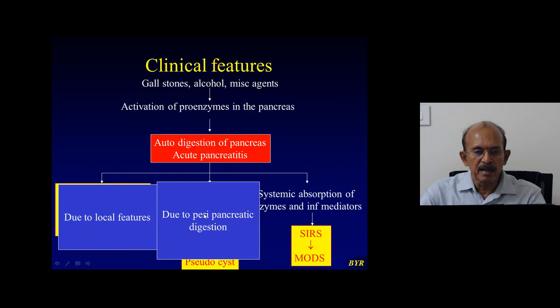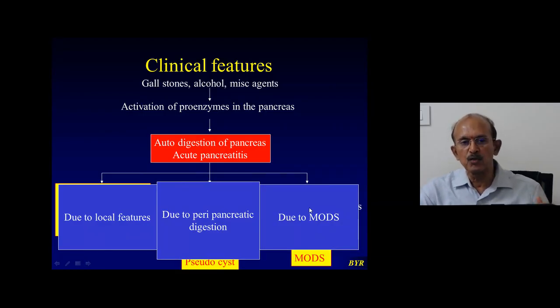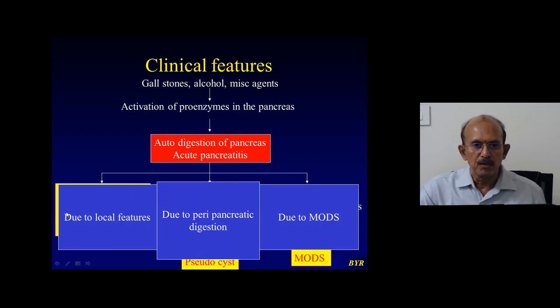Due to peripancreatic digestion, patients will have some symptoms and signs. Due to systemic absorption and MODS, patient will have symptoms. That means we can classify or group the clinical features into 3 groups: clinical features due to local condition of the pancreas, clinical features due to peripancreatic digestion, and clinical features due to multiple organ dysfunction syndrome.